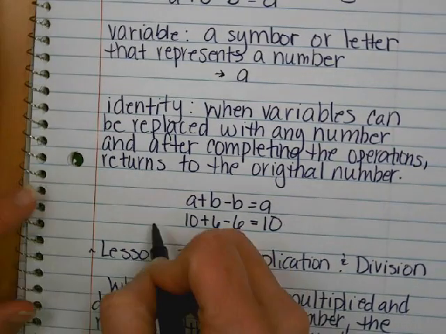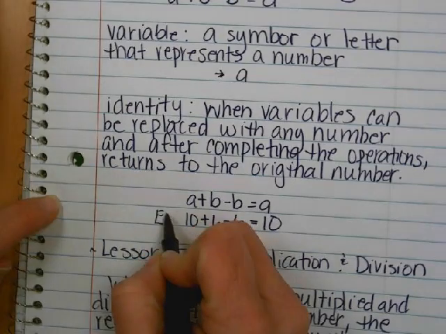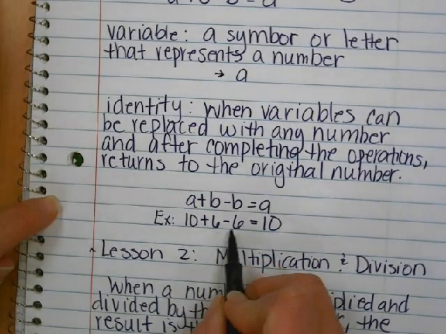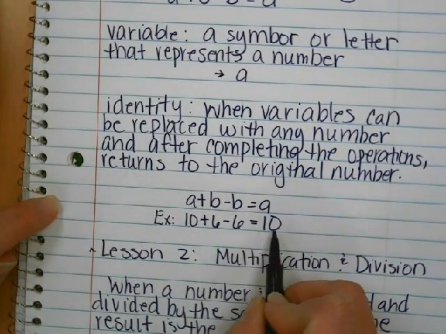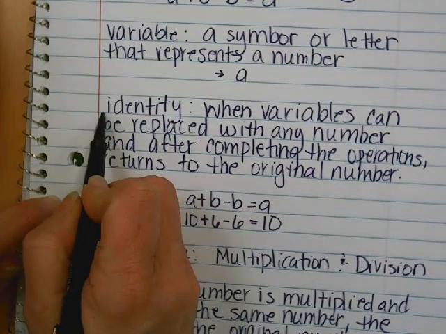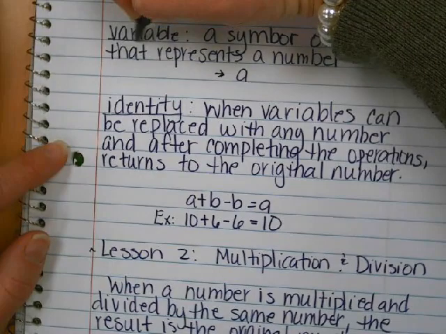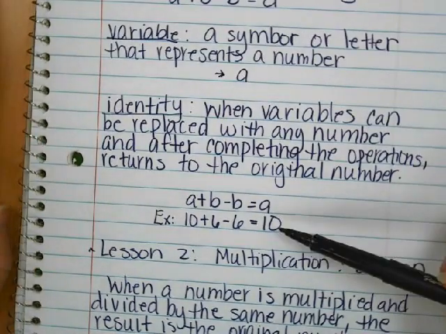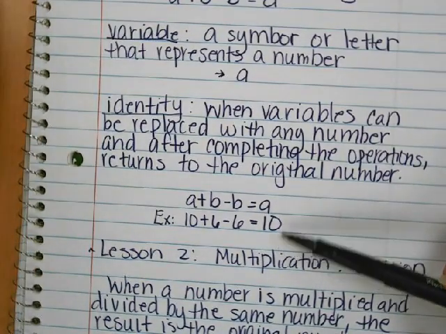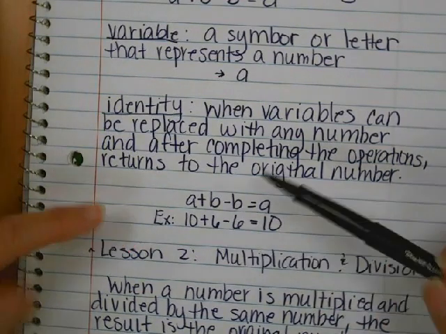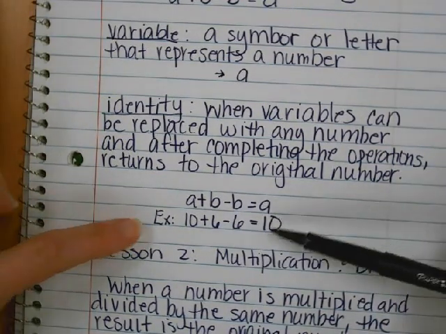That would be the equation of the identity. The example of that would be 10 plus 6 minus 6 equals 10. So again, just showing that if you have that original number of 10, you add 6, and then you take 6 away, you come back to that original number of 10. That's what an identity is, saying that when you place any number in there, that's what's going to happen.